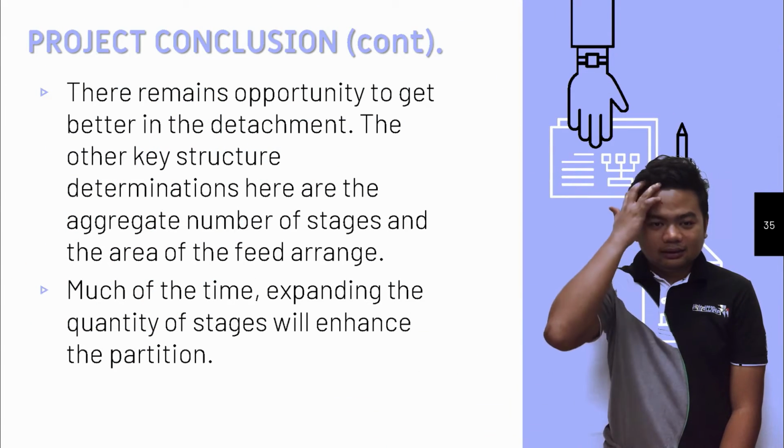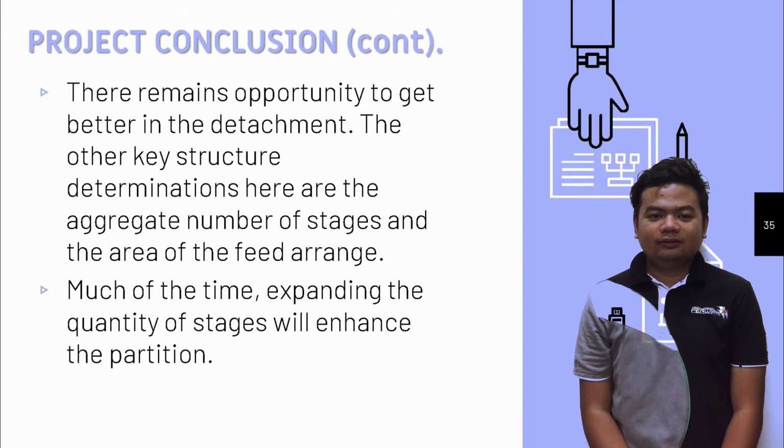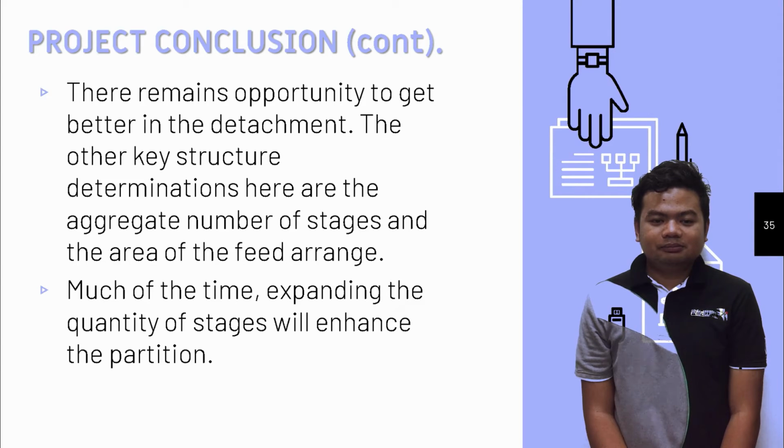There remains an opportunity to get better separation. The other key structures determined here are the total number of stages and the location of the feed stage. Most of the time, increasing the number of stages will enhance the separation.